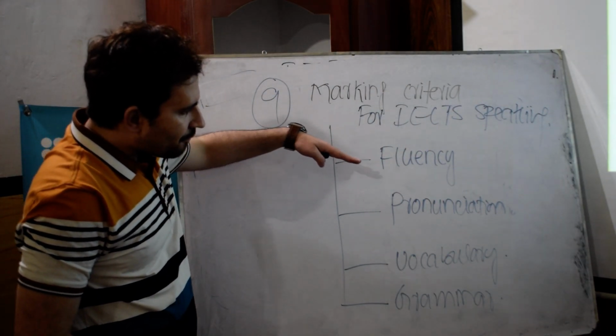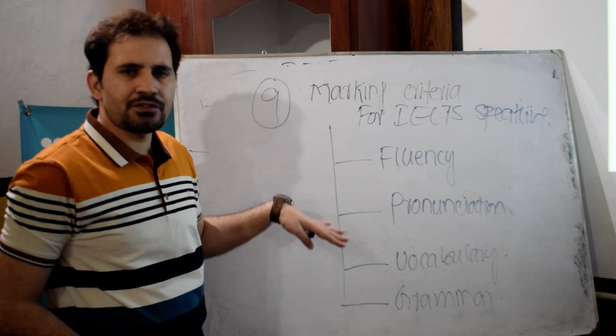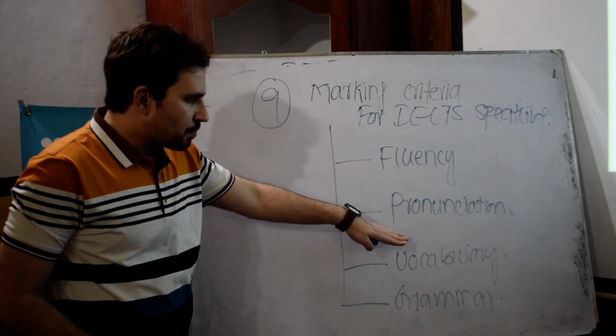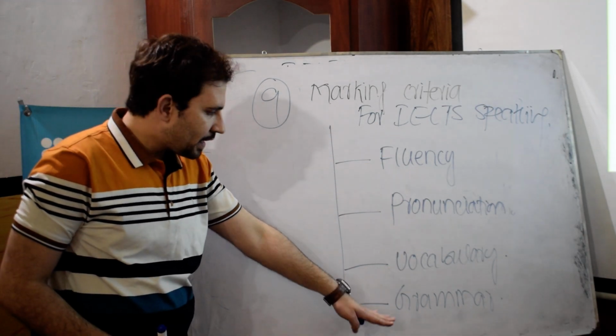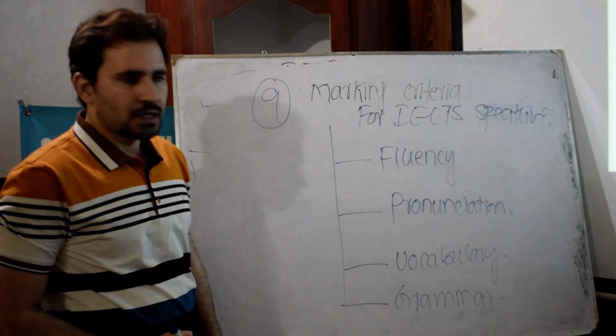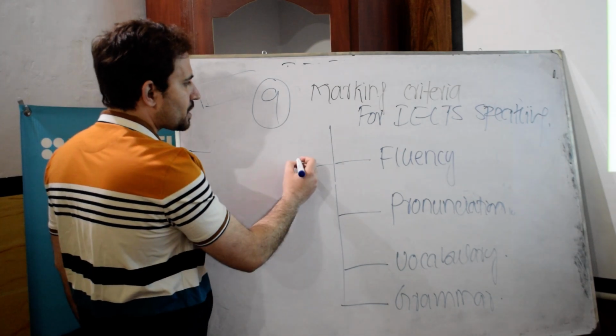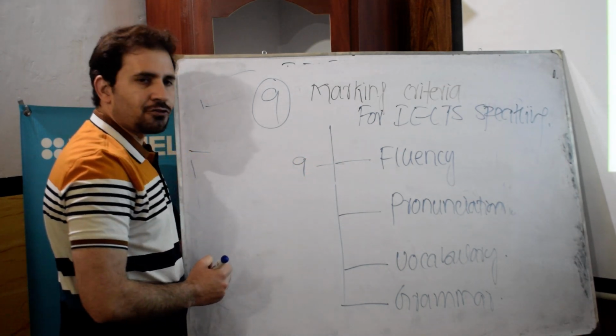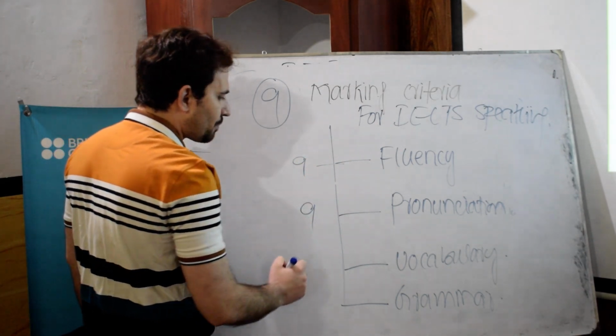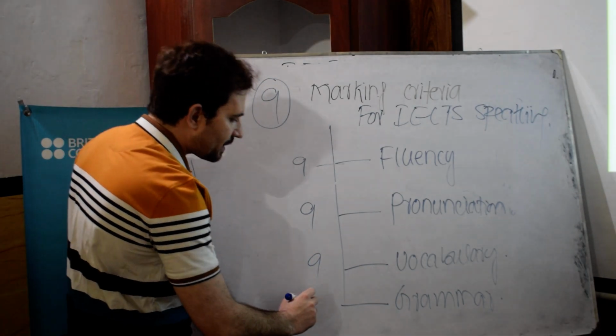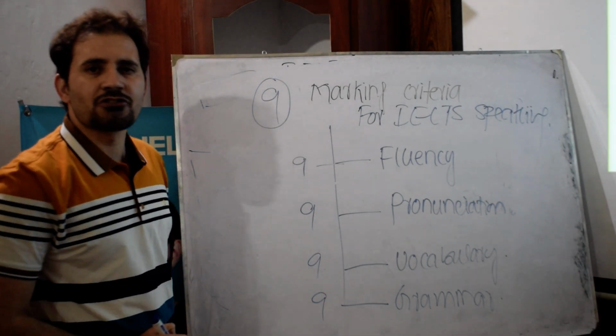These are the 4 different areas that you will be given marks on: fluency, pronunciation, vocabulary, and grammar. Each area has its own 9 bands: 9 for fluency, 9 for pronunciation, 9 for vocabulary, and 9 for grammar.